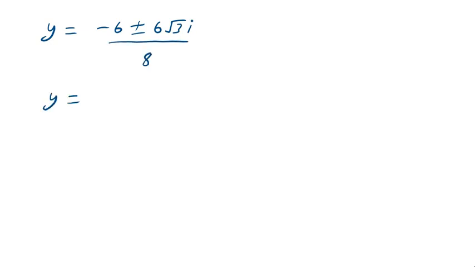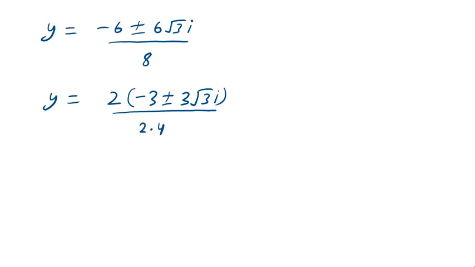Then y is equal to, look carefully at the numerator part, 2 is a common factor, so if we take common 2, then you will get minus 6 divided by 2, which is minus 3, and plus minus 6 times square root of 3 iota divided by 2 gives 3 times square root of 3 iota, and divide by this 8, as this 8 is equal to 2 times 4.